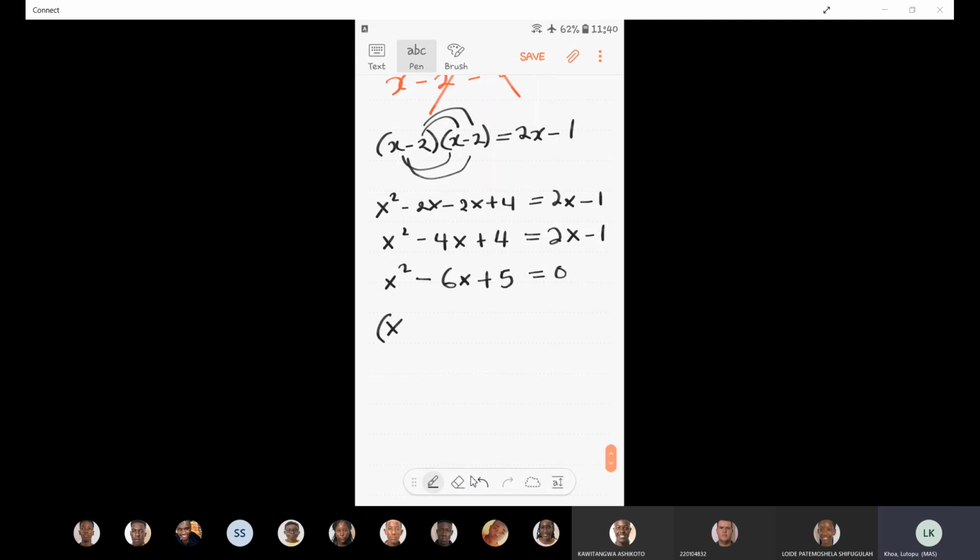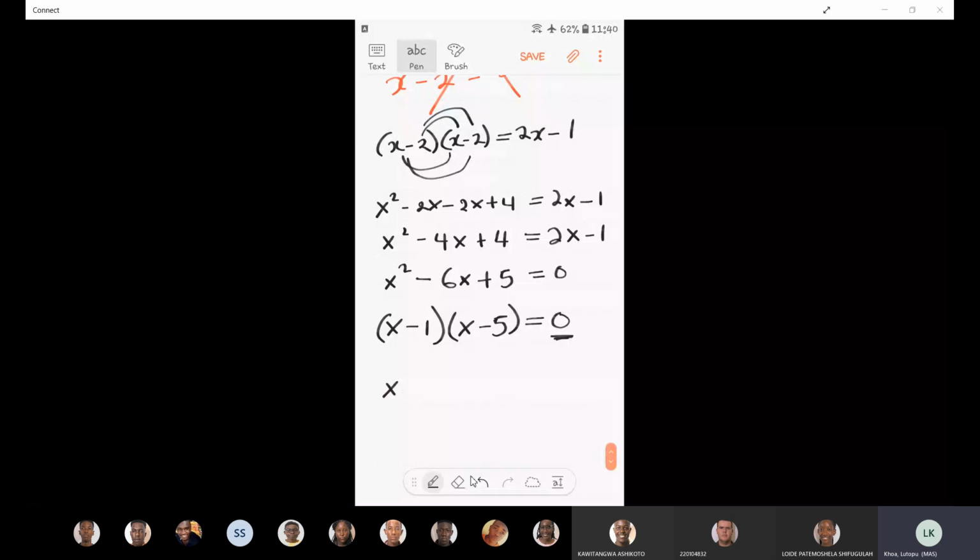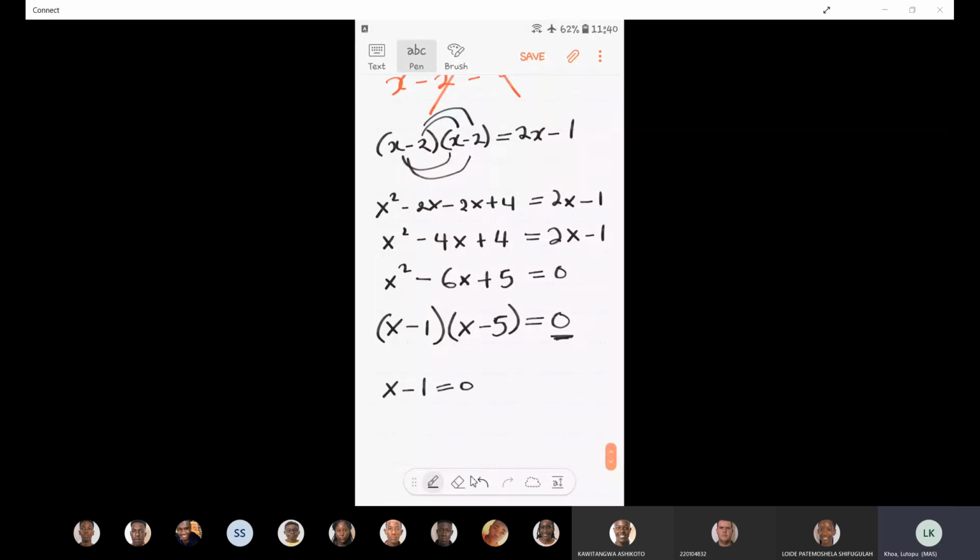So factorize, this is x minus 1, x minus 5, and this is equal to 0. Now, because it is equal to 0, I can say x minus 1 is equal to 0, and this means that x is equal to 1, or x minus 5 is equal to 0, which means x is equal to 5.